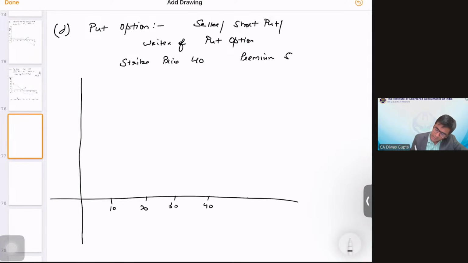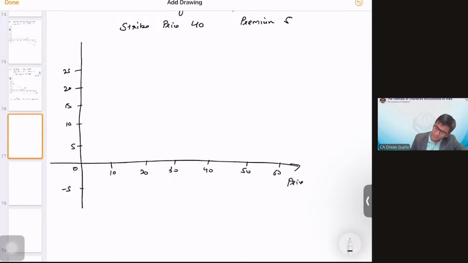Again the same thing, 10, 20, 30, 40, 50, 60, and so on. This is on price 0, minus 5, 5, 10, 15, 20, 25. Okay. The gain will be limited till the price is 35, then it goes down and turns into a loss.